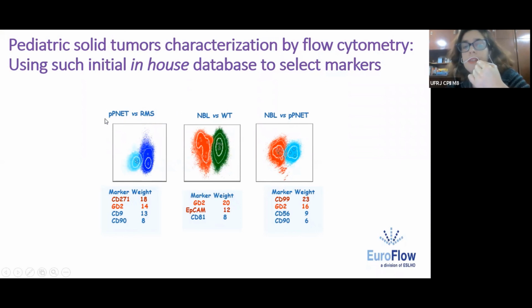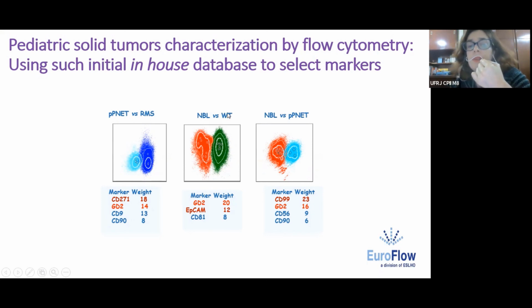For instance, PNET, the same as extraosseous Ewing sarcoma, compared to rhabdomyosarcoma. At that time there were few cases, but we could identify markers with high weight in this separation, for instance CD271 and GD2.